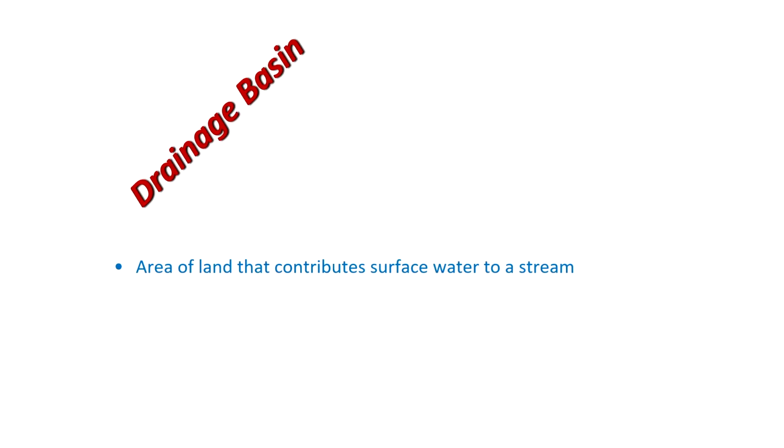Now we will move further and look quickly at the drainage basin and drainage pattern. Mainly we will be focusing on drainage pattern, because drainage pattern also tells us about the lithology, and if the drainage has been controlled by tectonic activity, that also we can infer by looking at the drainage pattern.